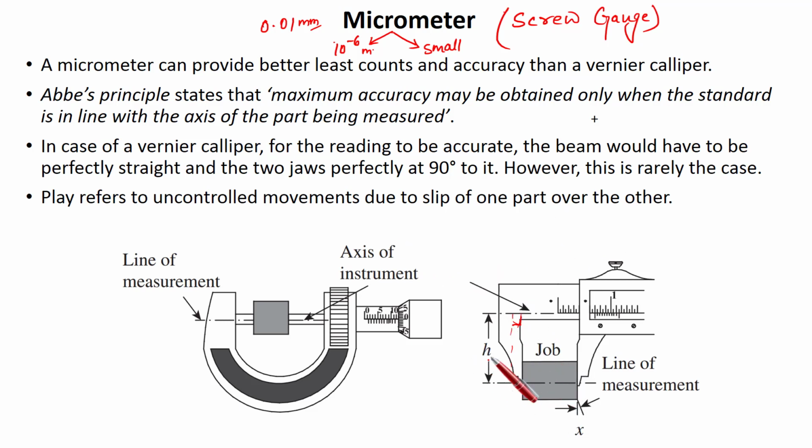So it depends upon the h. How far the line of measurement is from the axis of the instrument will tell you how much error it can give. So that's why the line of measurement and the axis of the instrument must coincide if you want the most accurate dimensioning or measurement.